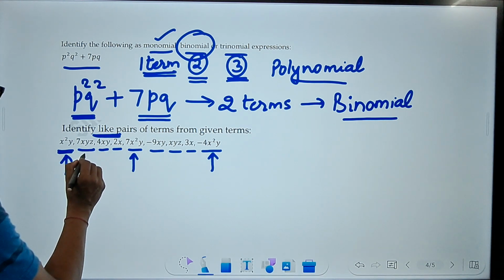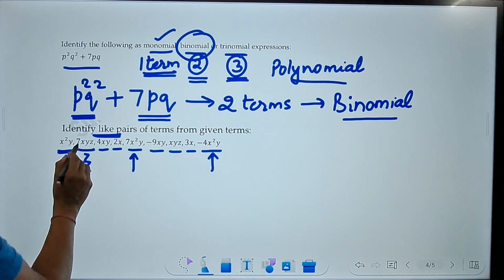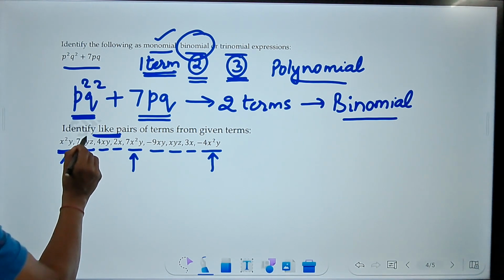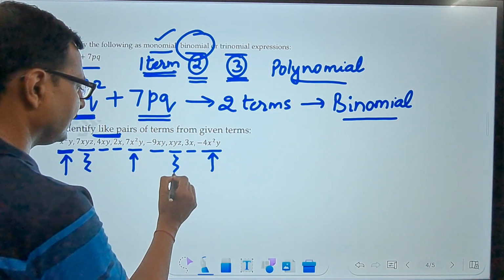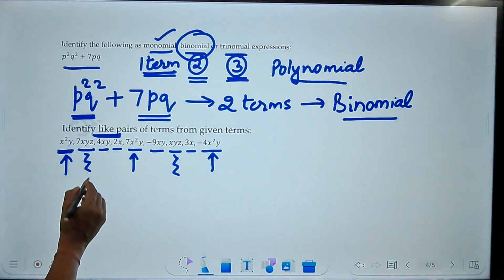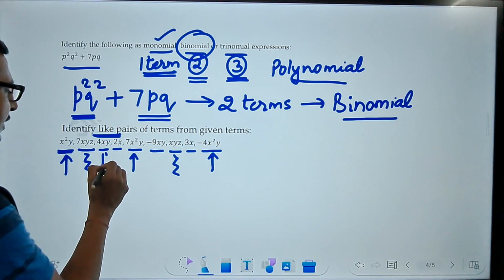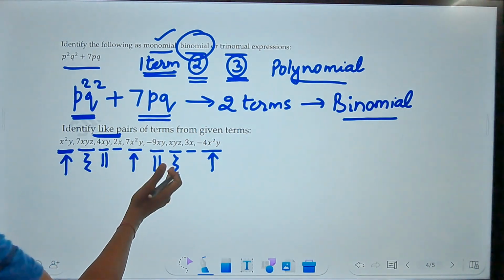Likewise, let's have another pair. If you see the zigzag line here, this is 7xyz. So xyz is the variable part, and where else do you find xyz? Here it is. So these 2 are like terms. And now you can go on and on. So if you see double line here, 4xy and then minus 9xy, they are like terms.